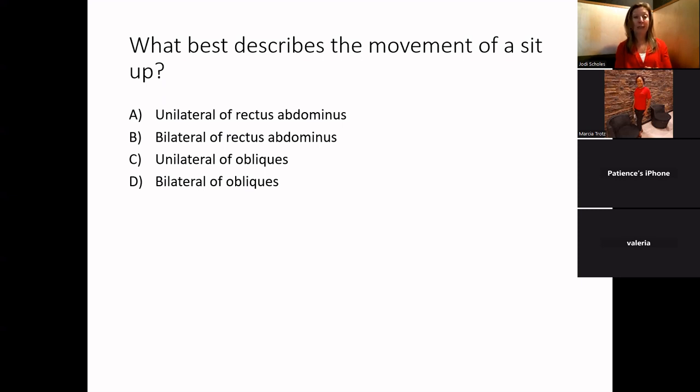Unilateral of the obliques. Bilateral of the obliques. What best describes the movement of a sit-up? We're going to get rid of one wrong answer. You can't bilateral the obliques. It's trying to do bilateral lateral flexion. So you can't bilateral the obliques.